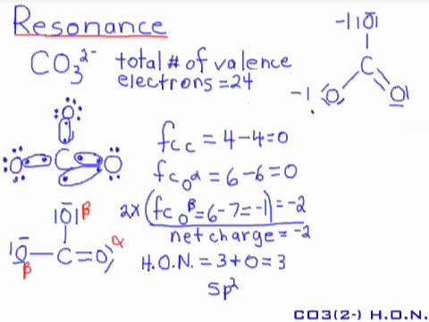Now, what's interesting about this from an experimental viewpoint is the fact that the structure we draw with the valence bond structure, the Lewis structure, has a problem when compared to what is known from the actual X-ray crystal structure determination for the carbonate dianion.